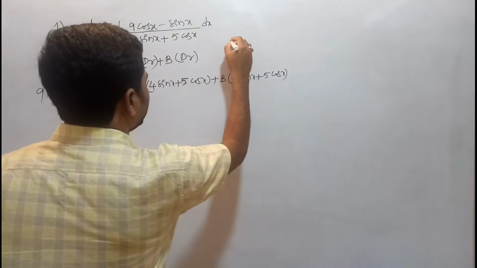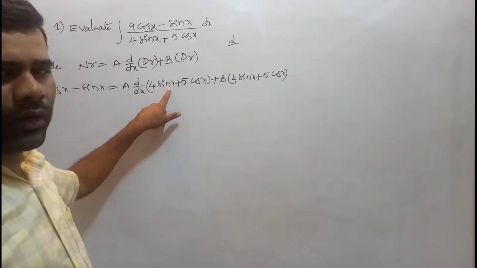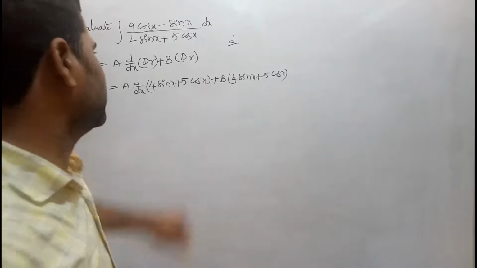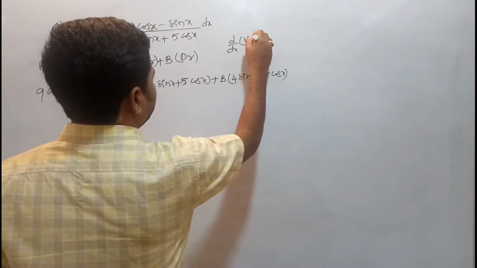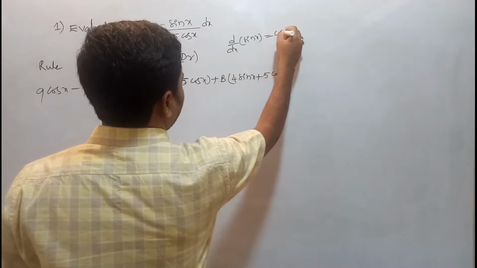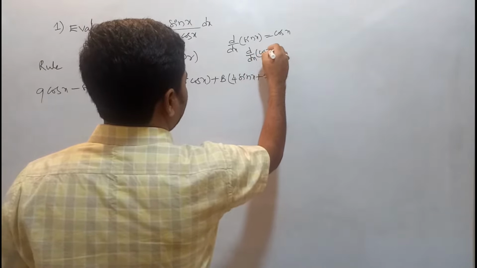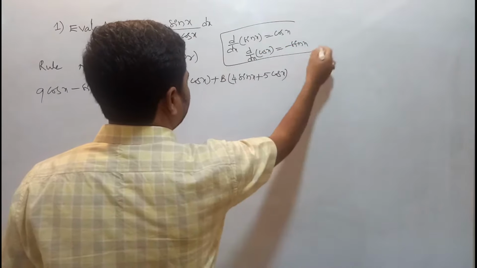And we know that d by dx of sin x is equal to cos x, d by dx of cos x is equal to minus sin x.